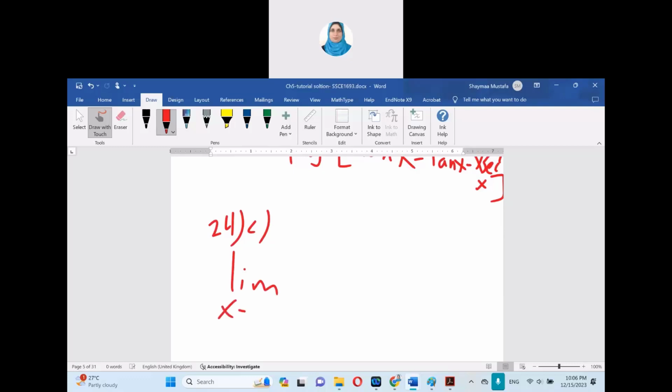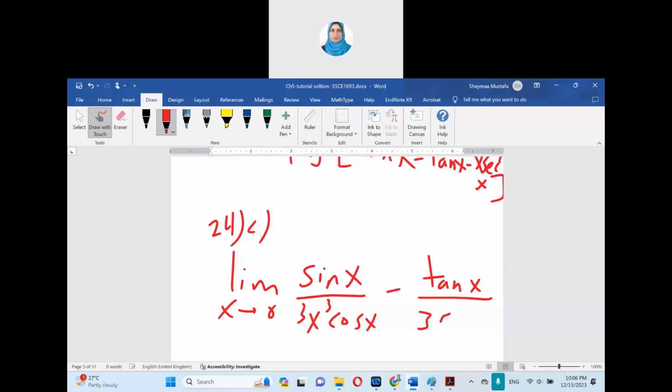Okay, so 24C. Limit when x goes to 0. Now you have sine x over 3x cubed cos x minus tan x over 3x cubed over cos x. I will separate.